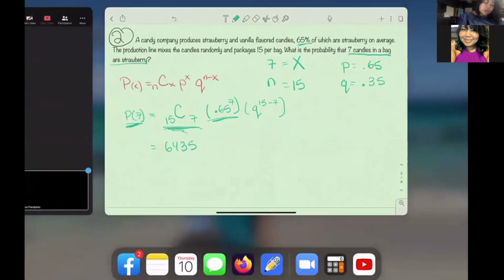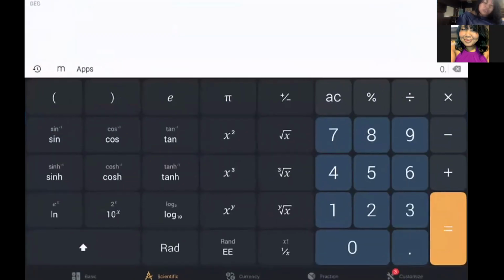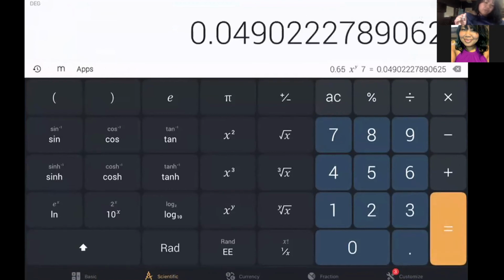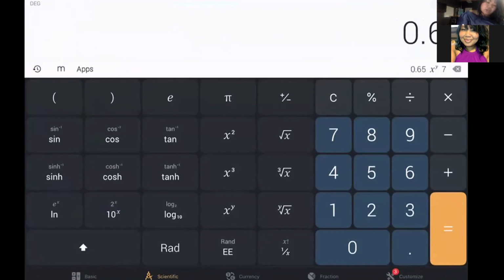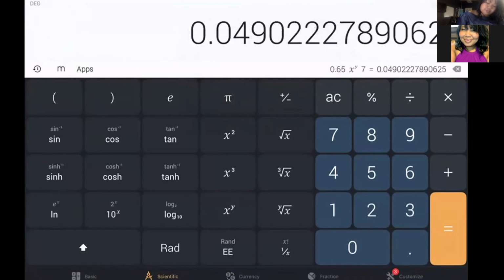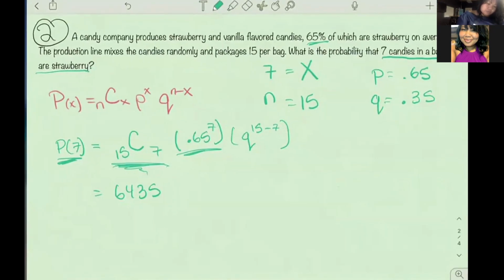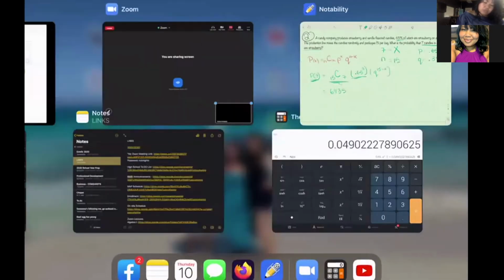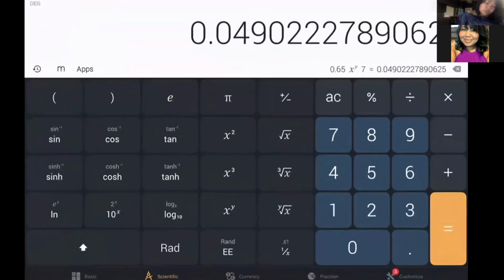So I'm going to bring up a calculator. So 0.65 to the power of 7 is 0.0490.